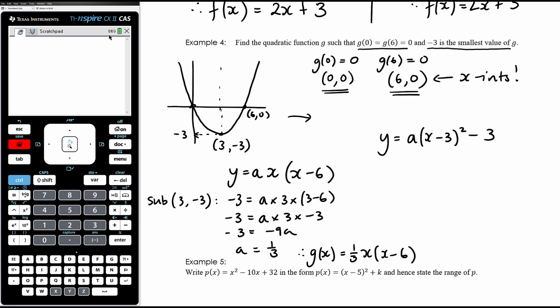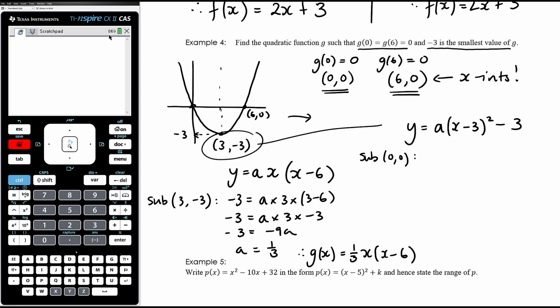Or if we used our turning point form up here, just let me move that up and over a bit more. We're going to substitute the point (0, 0). Because we used the turning point to come up with turning point form, you can't sub that point in, because all it will tell you is that -3 equals -3, which is true, but useless.